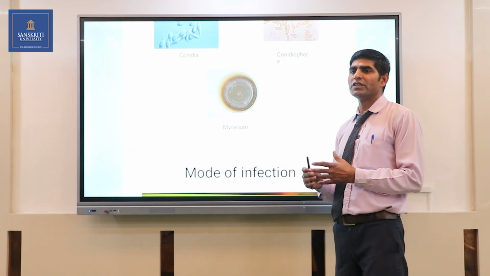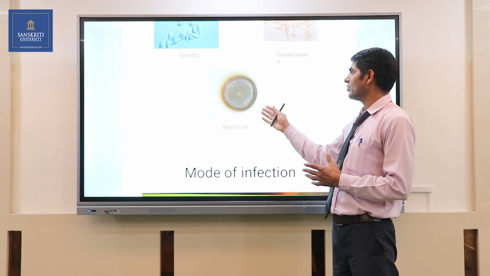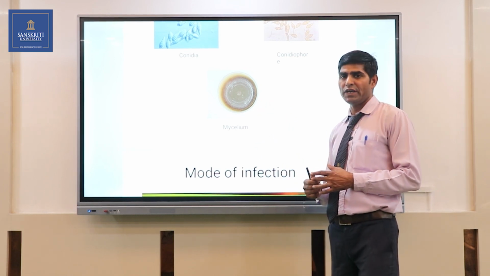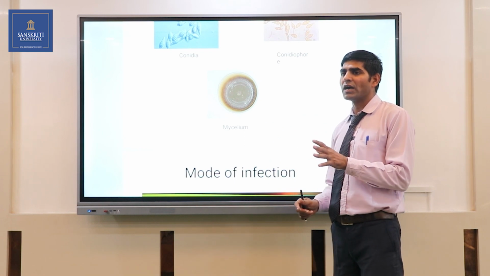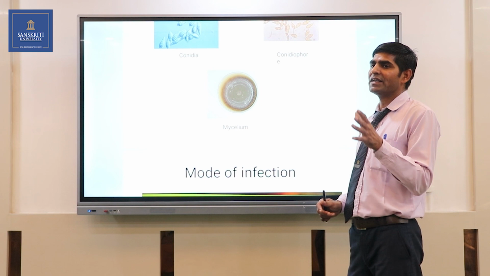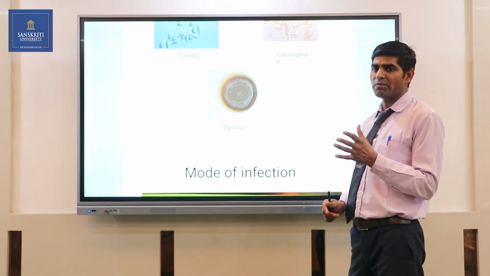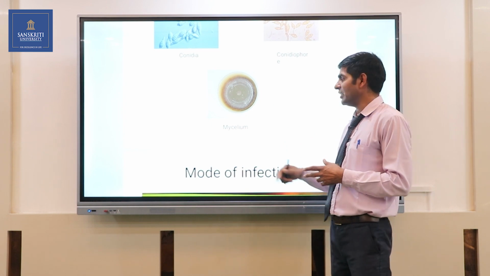When we isolate this Pyricularia oryzae, you have to isolate it on a PDA-containing Petri plate. On the basis of color, initially it is brown, but in a later stage it becomes black. So this is the identification of this mycelium.